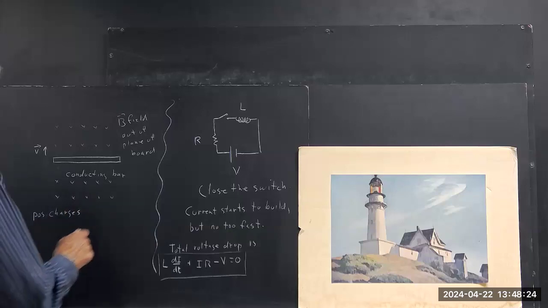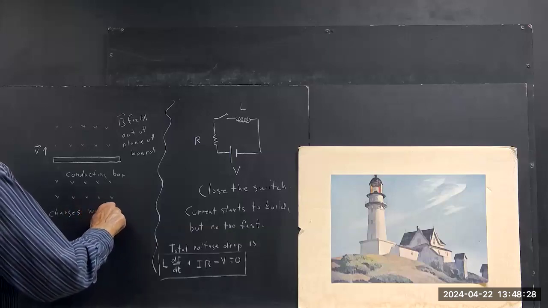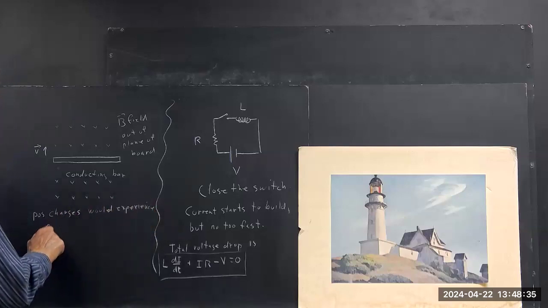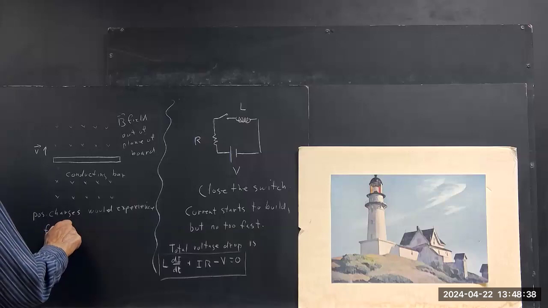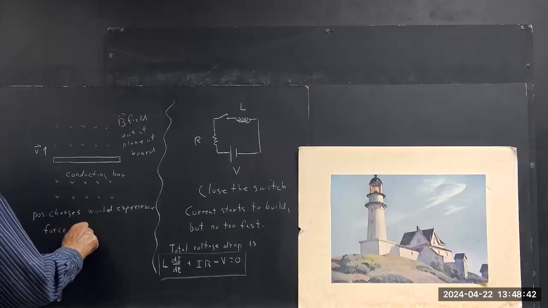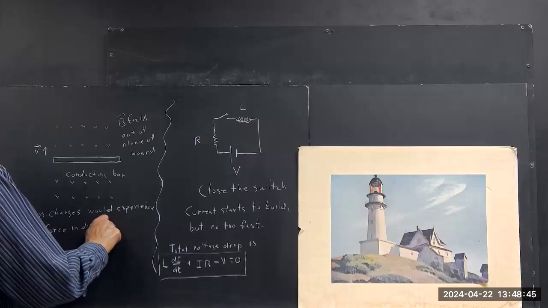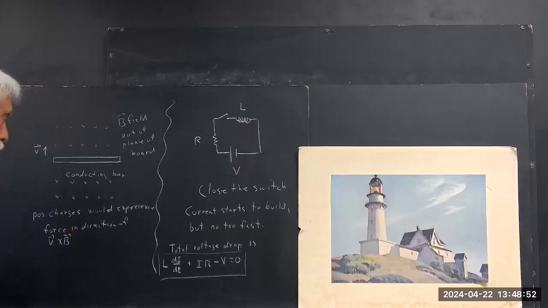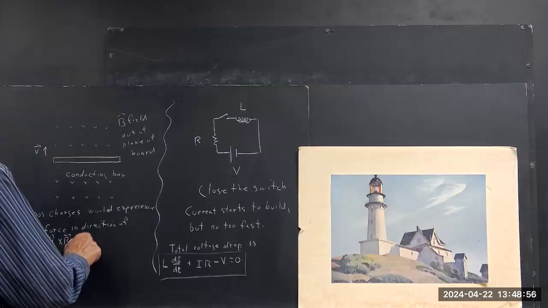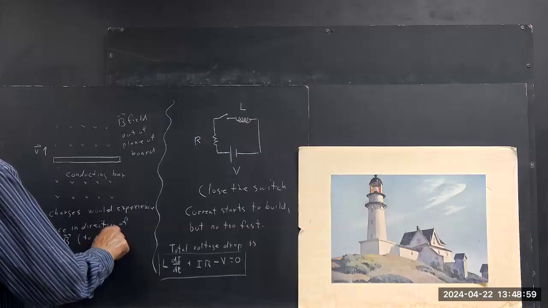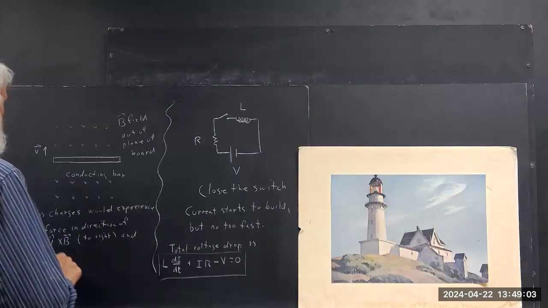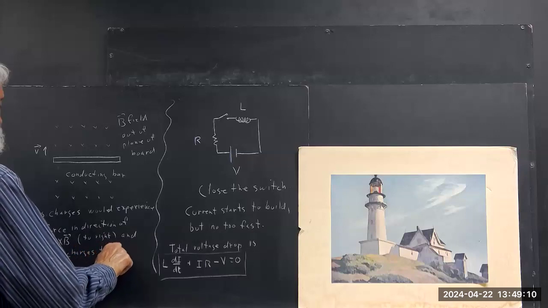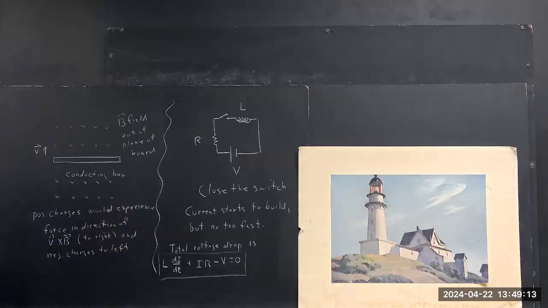Positive charges move in the direction v cross B. Negative charges go to the left.